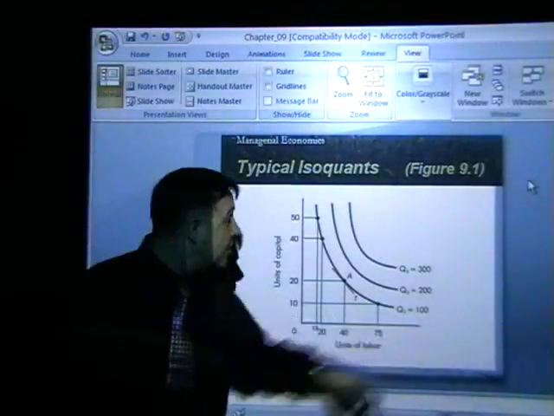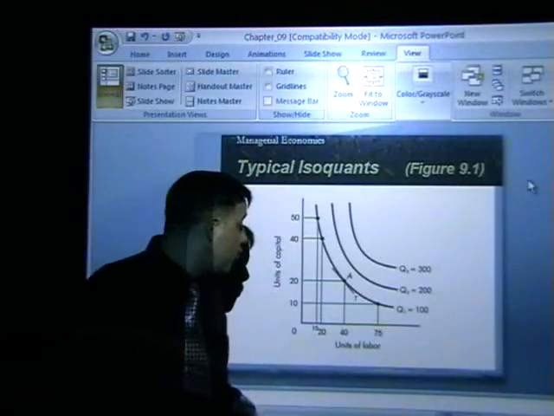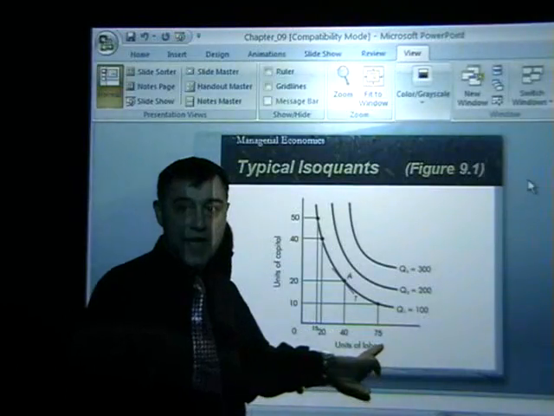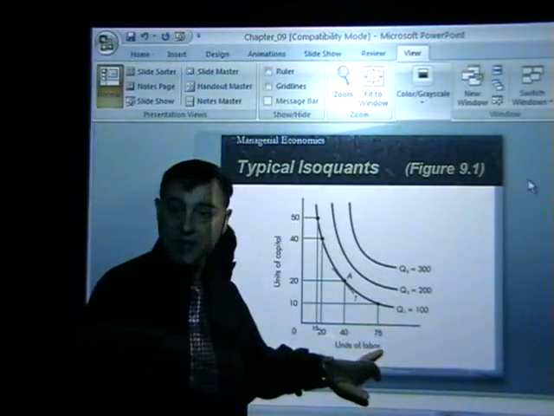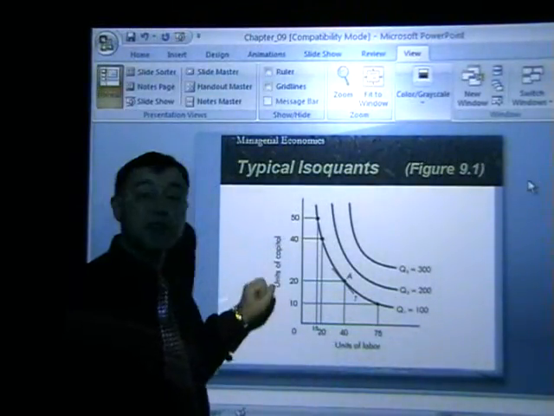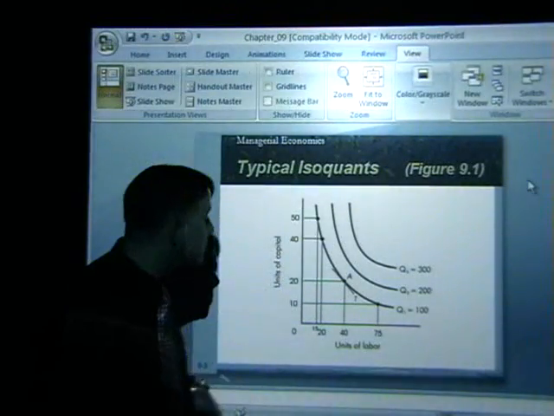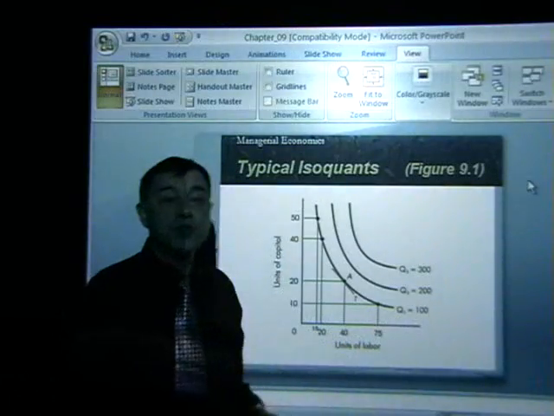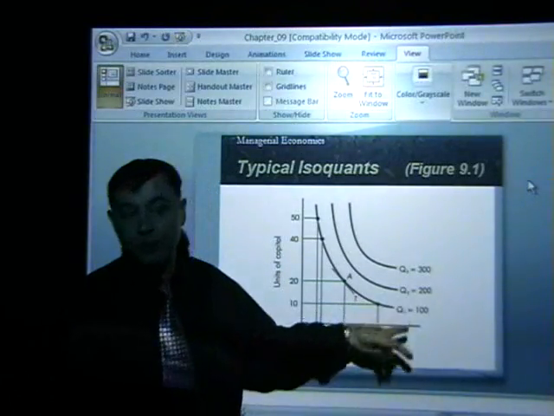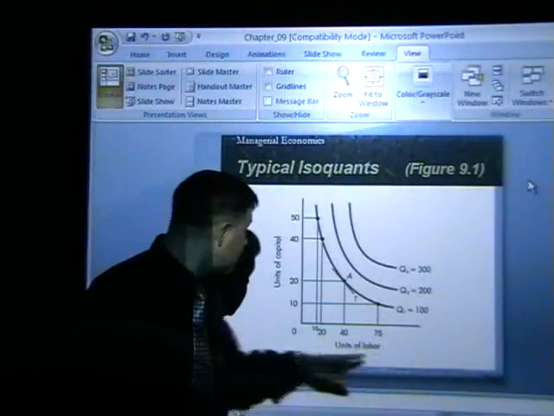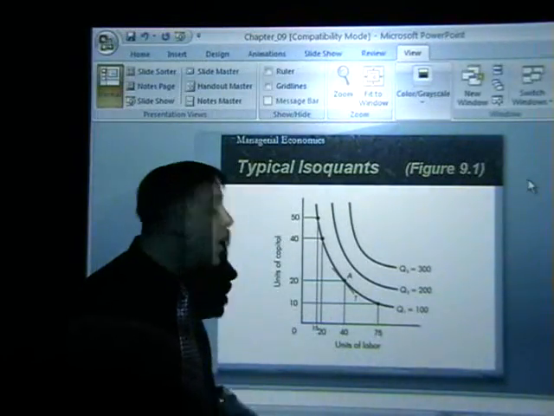Here is an example of a couple of isoquants. On the horizontal, you have the input quantity of labor. On the vertical, you have the input of capital, how much capital you use. If you want to produce 100 units of output, say 100 cars, you can use 75 workers and 10 units of capital.